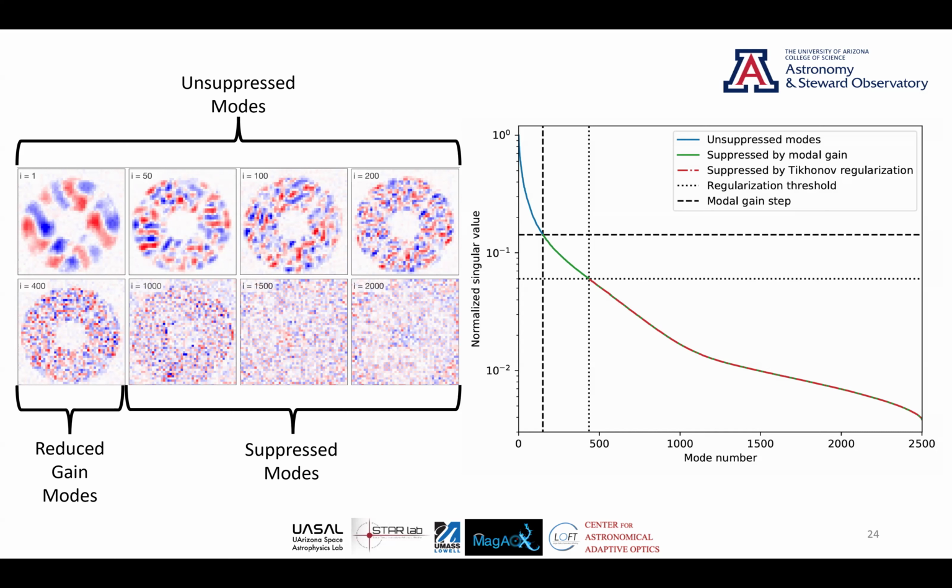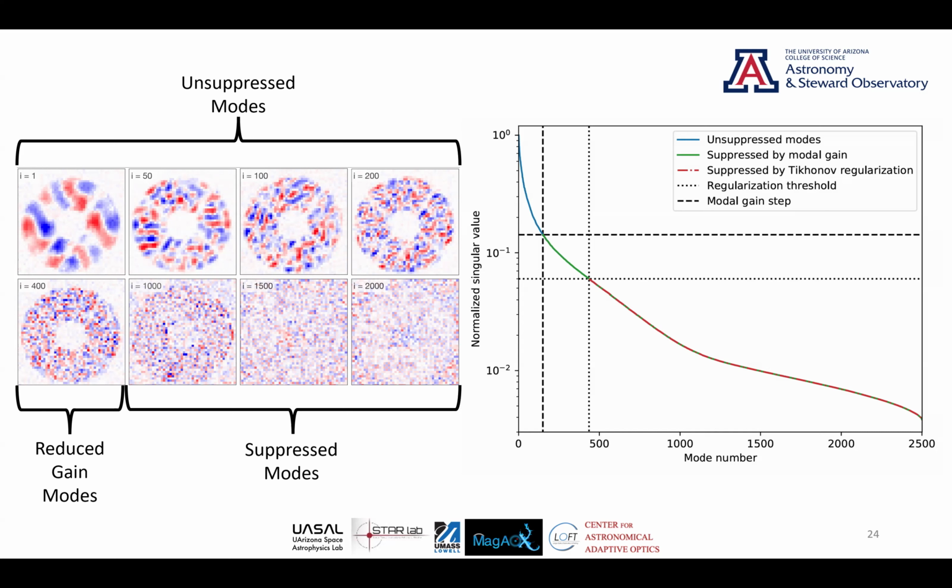And so with those modes, we didn't suppress them like we did with these, but we used a modal gain binning, if you're familiar with this. What's nice about these modes is that as they increase in order, they increase in spatial frequency content. So if you're looking at a PSF, that means that as the mode order increases, the region they control around the PSF moves further and further out. And so this gives us spatial frequency control.